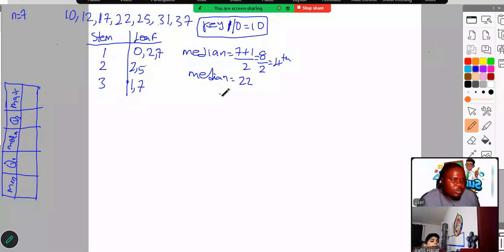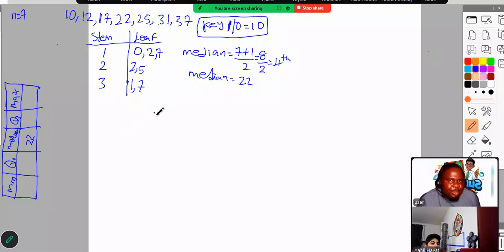Is 22. So right here in our box, we are going to write the median as 22. Then we are done with our median.